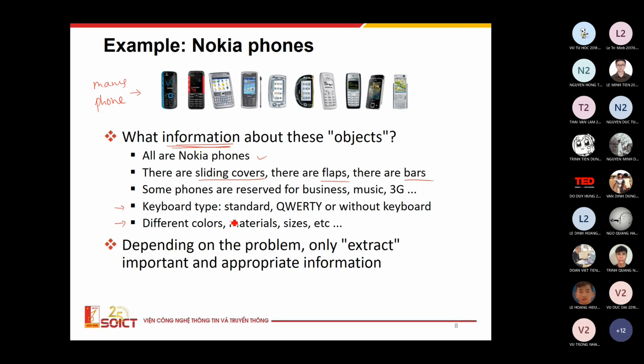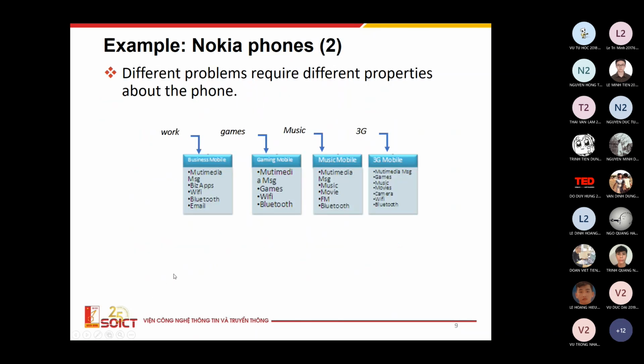And depending on the problem, you only extract the important and appropriate information. Appropriate may be more important than other information. For example, in different problems, you have some problem related to work, some related to games, some to music, and some to network connection.